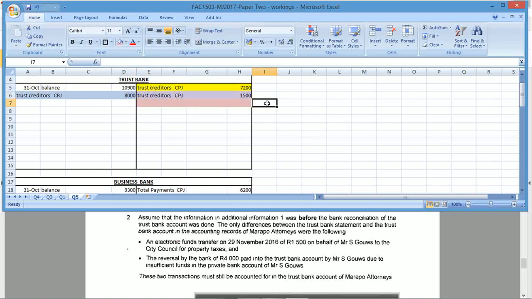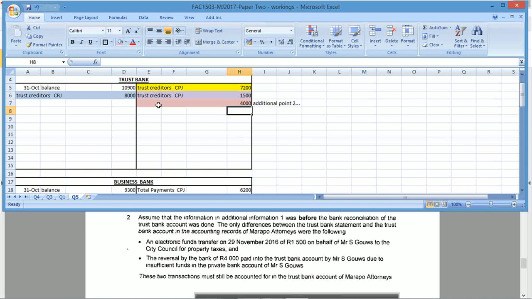So that would have been additional 0.2. Okay, so how much was it? 4,000. It's the reversal of the bank because this was insufficient funds in the private account of Mr. G. Okay, that's correct.